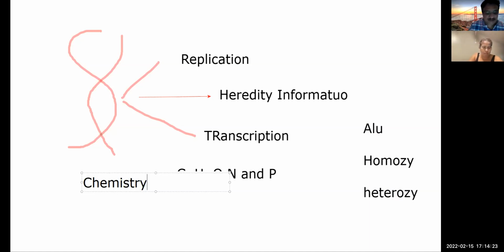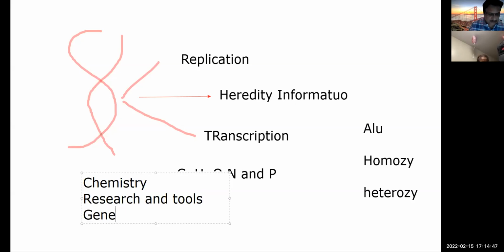And if we synthesize this molecule in the lab, then it could be helpful to do research, understand the function of DNA, and it can also be used to develop tools for many purposes, for example gene therapy, vaccines, and so on and so forth.